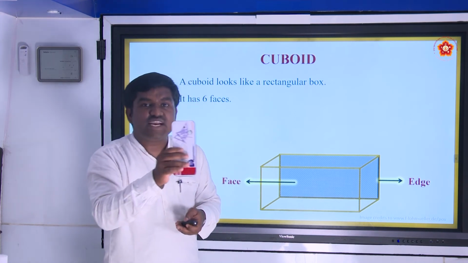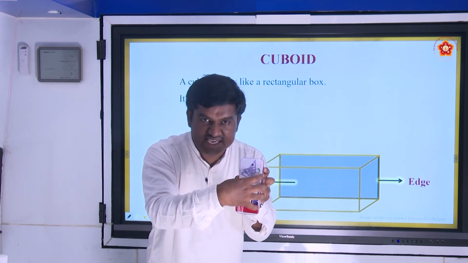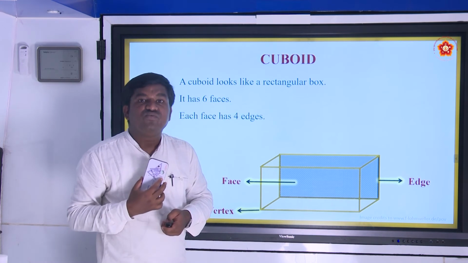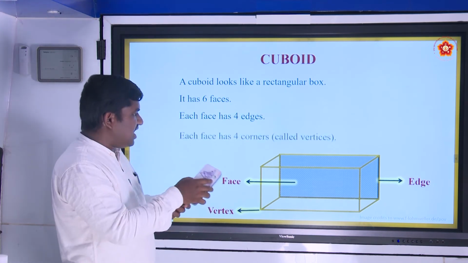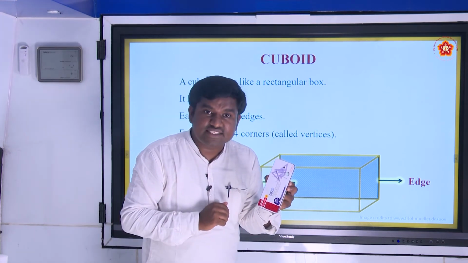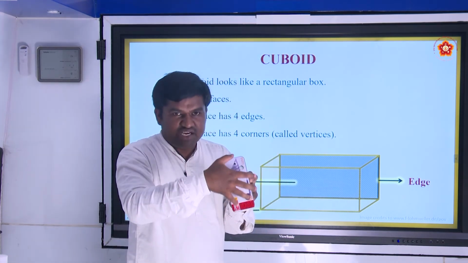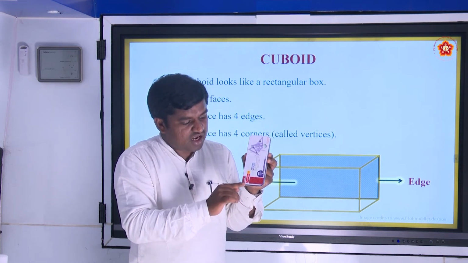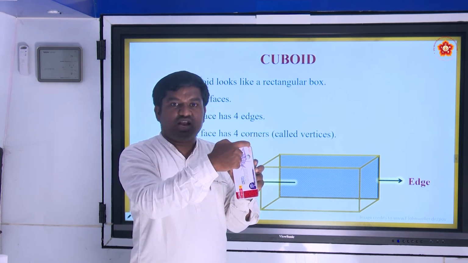Total 4 edges are there in this face. Each face has 4 edges. And vertex. How many vertices or corners are there in each face? I will take this face. This is one corner, second corner, third corner, fourth corner.